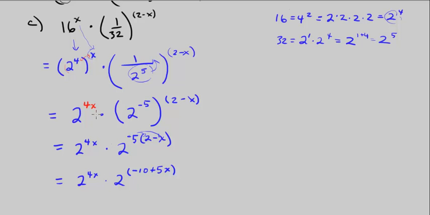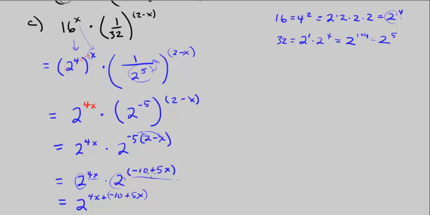Now that we have 2 to a power times 2 to a different power, we can combine these powers by adding them because we have the same base. So this is 2 to the power of 4x plus negative 10 plus 5x.